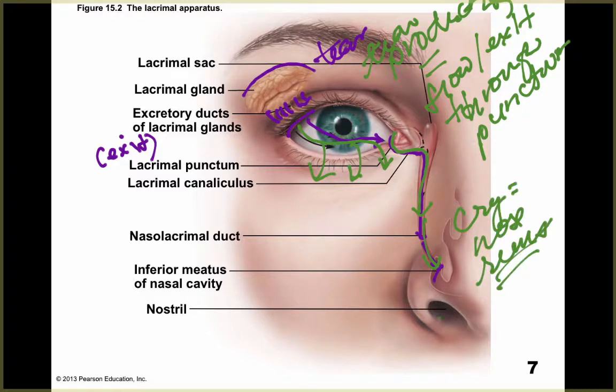Because you have way more tears, or this lacrimal secretion, going into your nasal cavity than you normally do. And so that explains tear and tear production. Now, there are homeostatic imbalances for this, right?